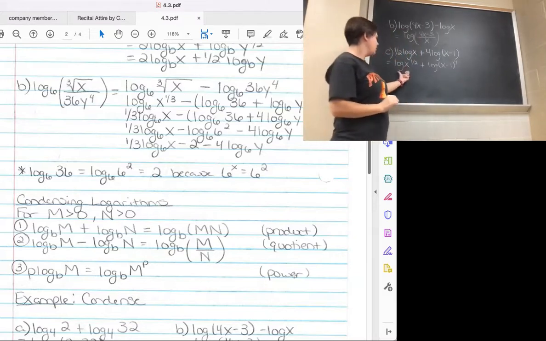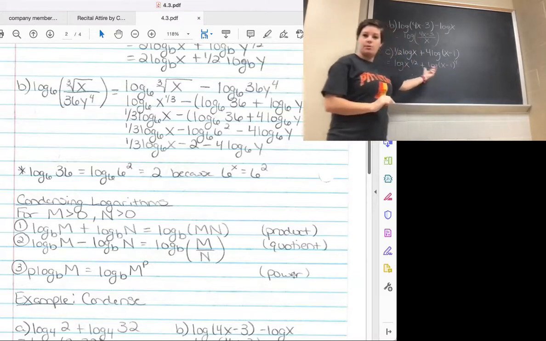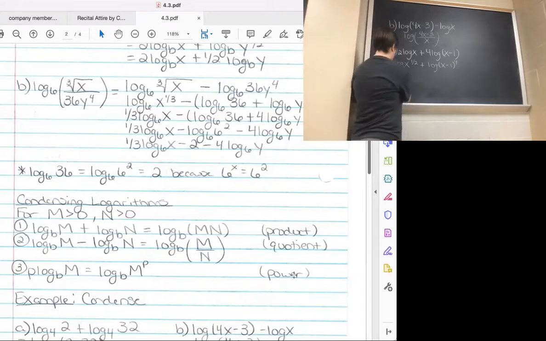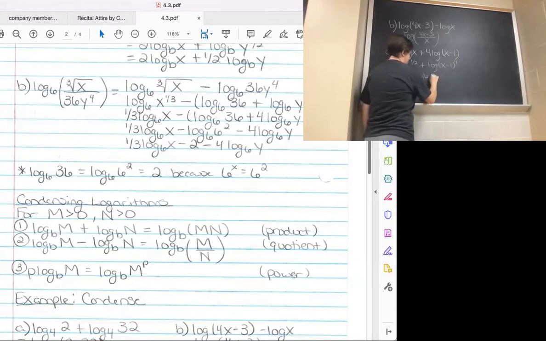Now I have a log plus a log. Log plus a log means I can use my product rule.